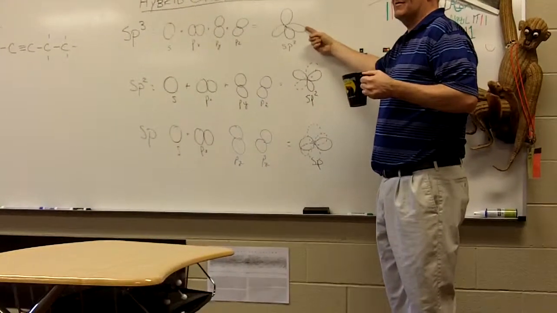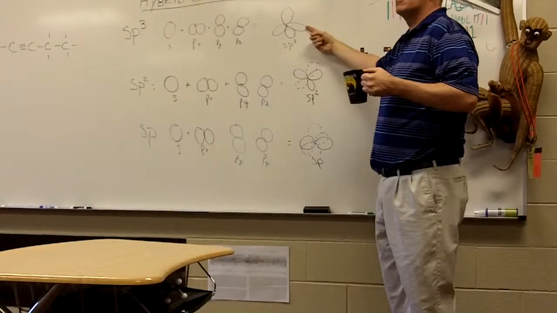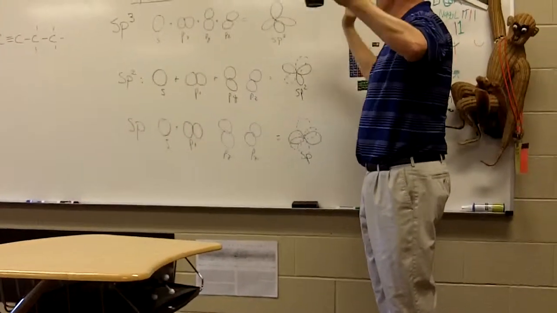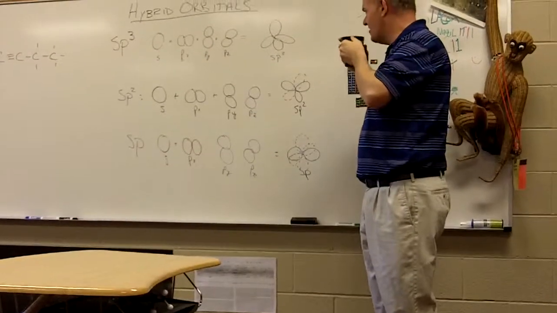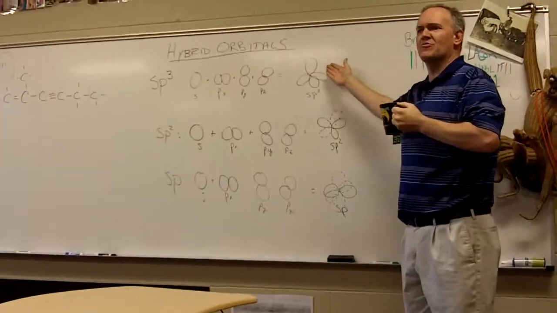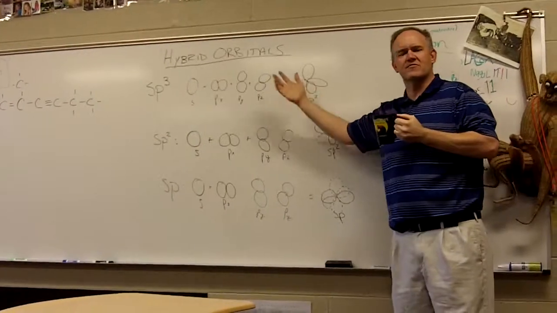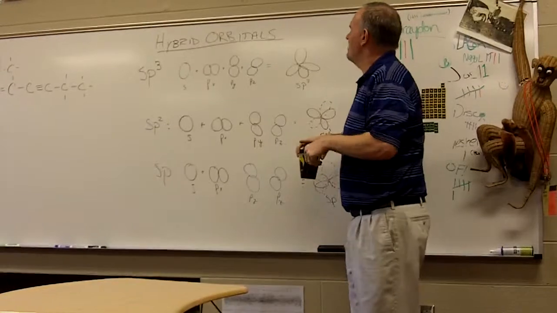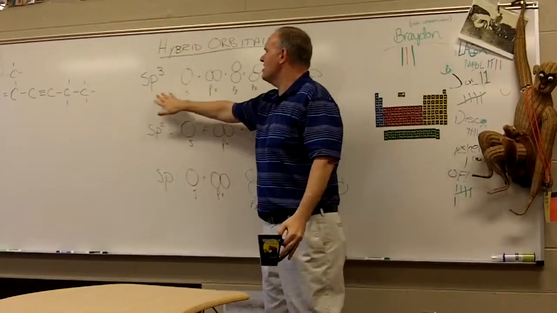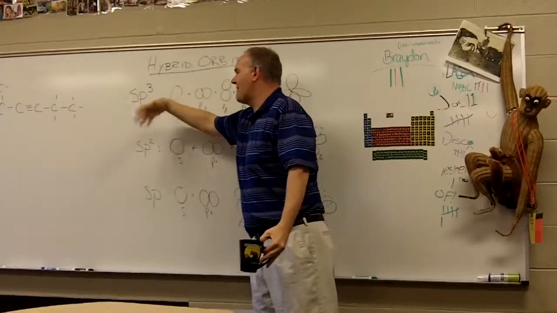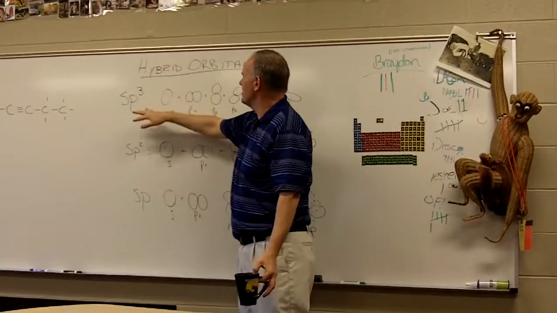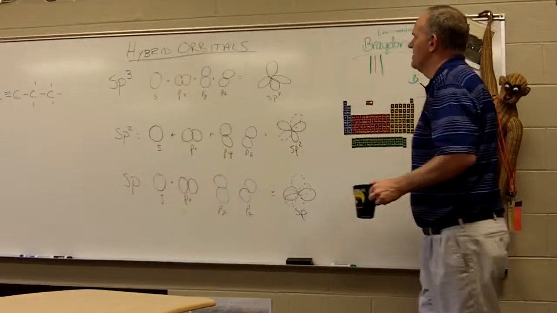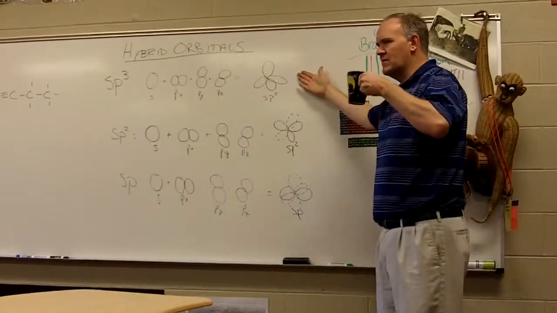Tetrahedral, yay! That's a tetrahedral shape with the 109.5 degree bond angles and all the things we already knew. One way to think about a tetrahedron is it's what you get if you add up mathematically, using Schrödinger's equations and whatnot, the s and the three different p orbitals to get this sp3 shape.